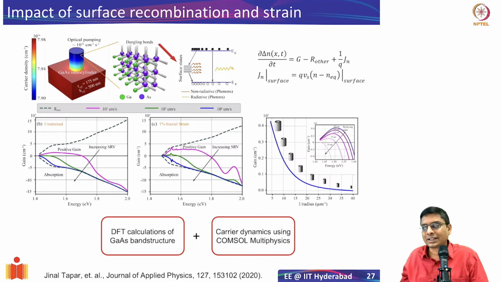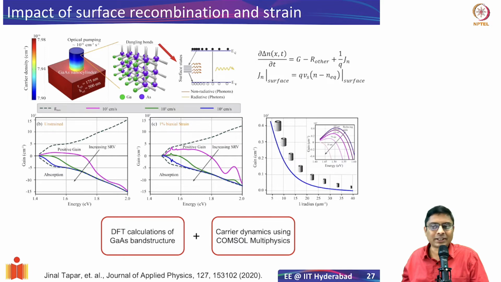But when we look at nano antennas, there is another problem. When we talked about the band structure, we said that the bands are for infinite, perfect lattices. But the moment you pattern a semiconductor into something like a 200 nanometer diameter antenna, surface states are created.